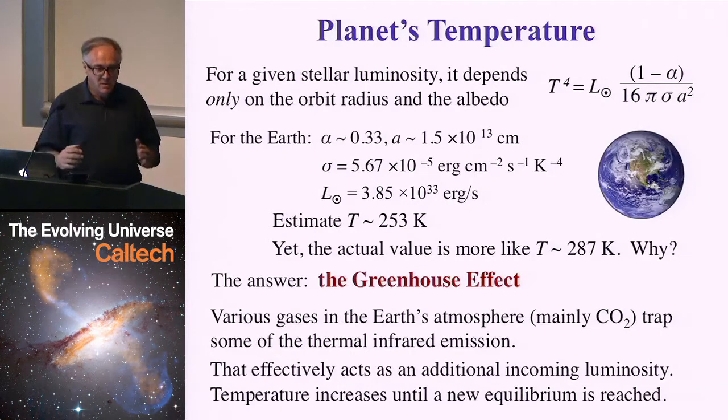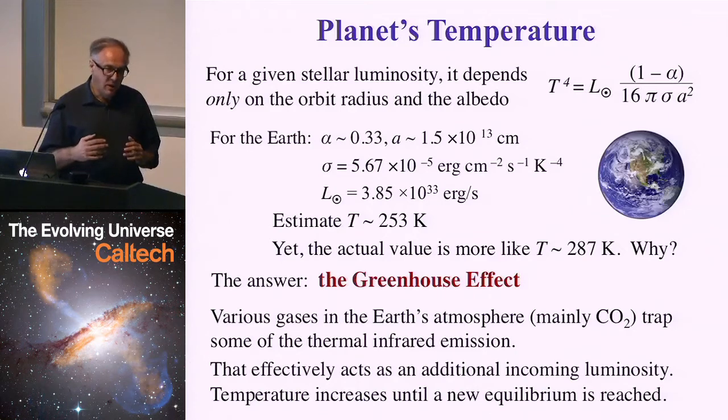So these gases trap any thermal radiation that goes away from the Earth. And so in a sense, it is as if you had an additional source of luminosity. In addition to what you get from the sun, there is this extra piece that should have been radiated away, but it hasn't. And so the planet will get hotter.